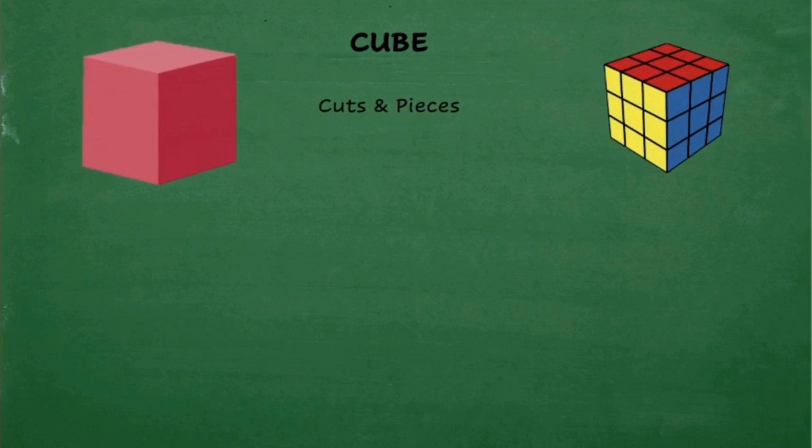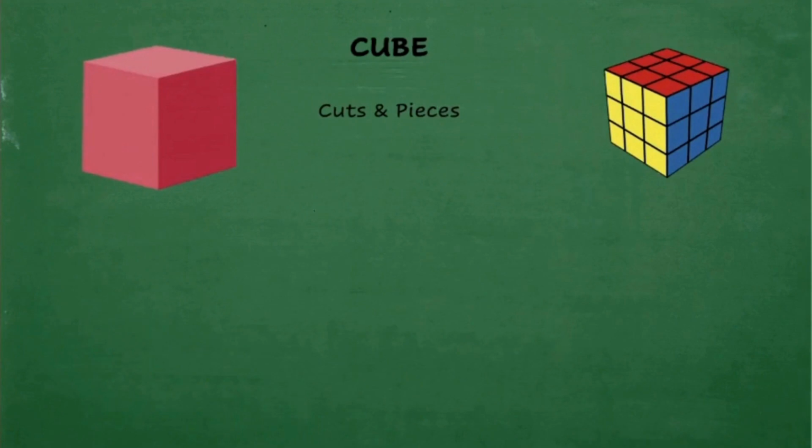One more thing is added to this: the larger cube is cut into smaller but identical pieces. Two terms are specifically used here, identical and pieces. The reason for pieces is that the larger cube need not be cut into smaller cubes. It can be cut into cuboids also, so it can be a cube or a cuboid.